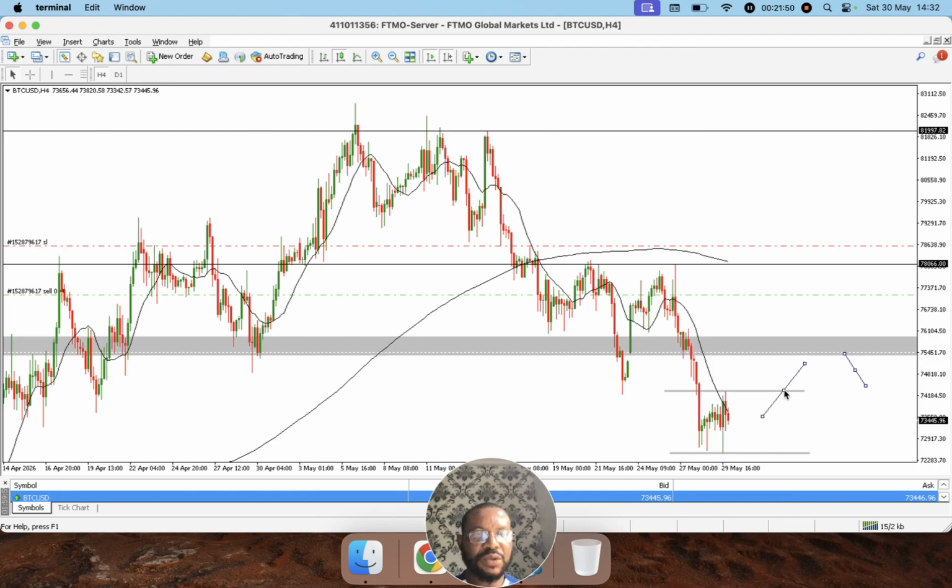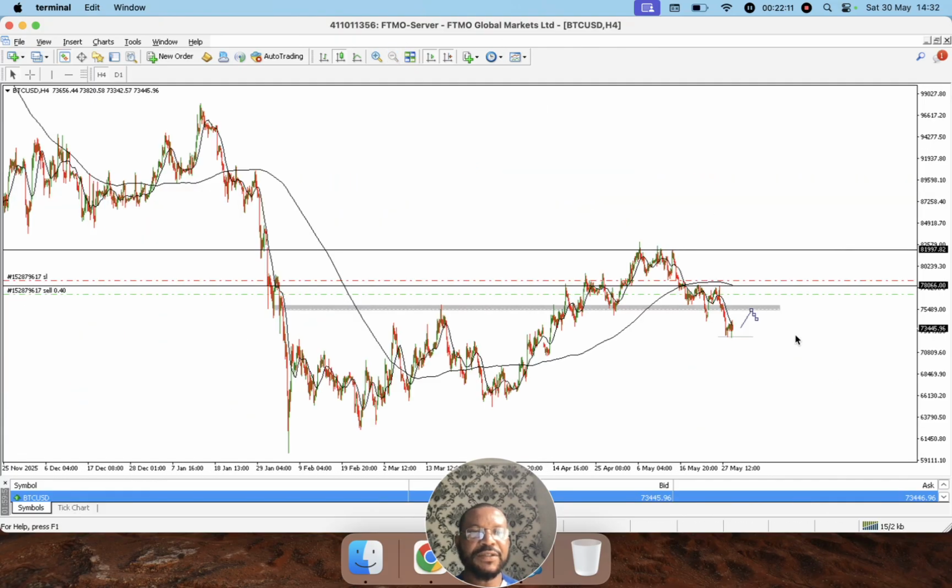After building, it will go up, take all of them out, because all the people that will be selling inside this range, their stop losses will be above here. It goes up, takes them out, and after taking them out, it will start dropping.